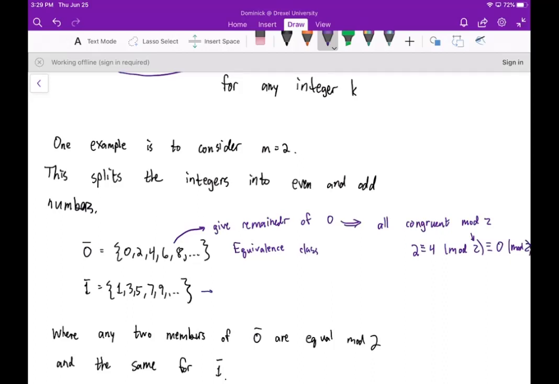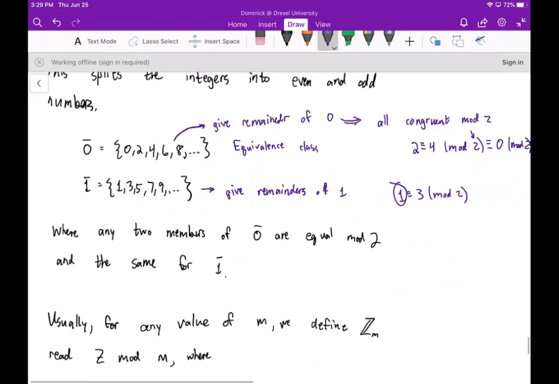And then the same idea for this one, except these all give remainders of 1, and these are all congruent mod 2. So you'd have 1 congruent to 3 mod 2. Most of the time we would use the smallest number that we could. And like we said, any two members of that 0 bar equivalence class are equal mod 2, and the same for 1 bar.